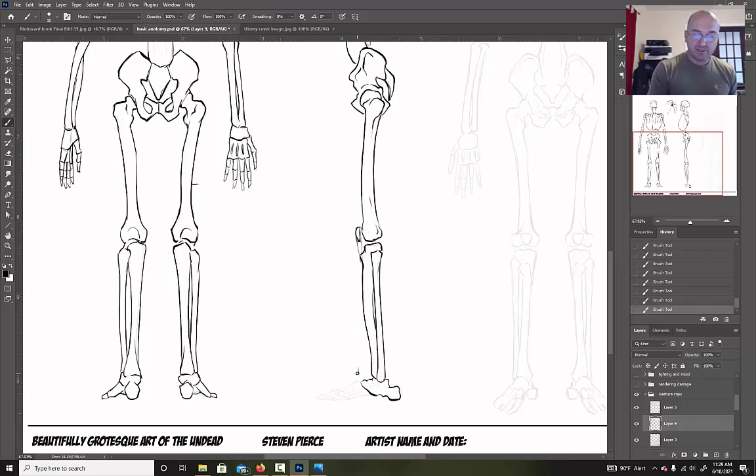But there's actually a joint here, and then you've got the joint here. So if you've ever seen a ballerina point their foot, it bends down, and then it bends down again, and you'll have the toes, and the top of their foot has that bend in it, and then the ankle bone and everything comes from there, and then it goes up.